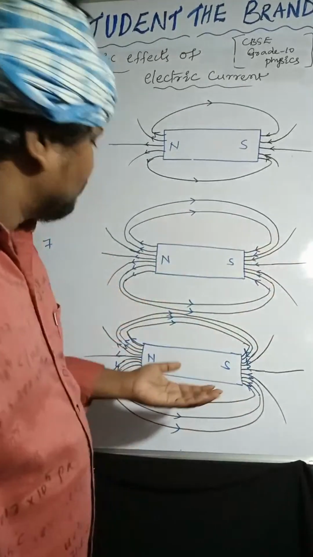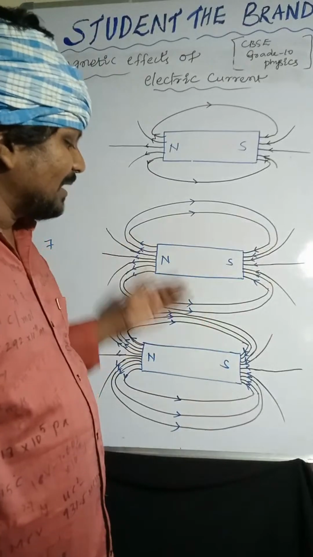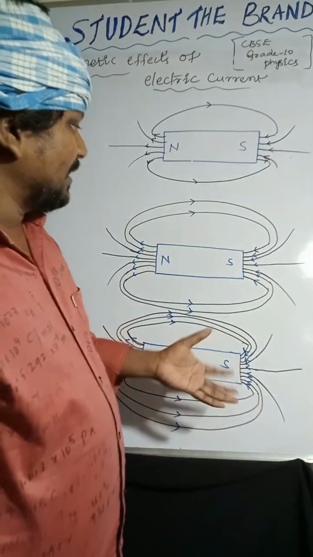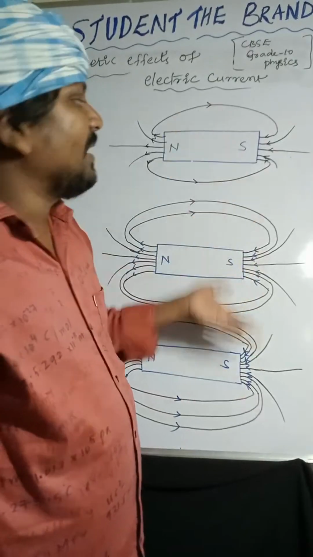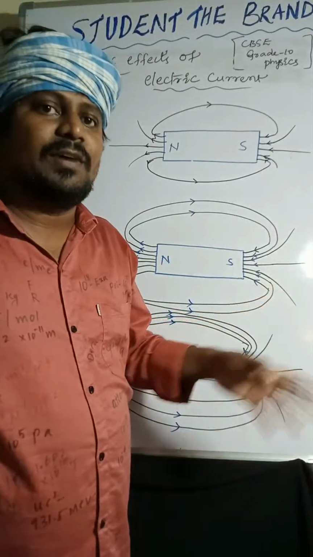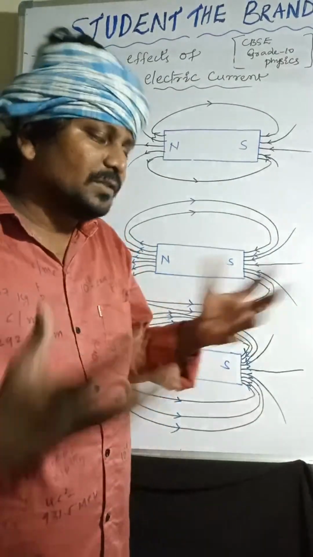I prefer 9 lines, because 3 lines above, 3 lines below, and the middle 3 lines, so it looks good. That's your choice. You can take any one of these 3 diagrams while drawing in the exam.